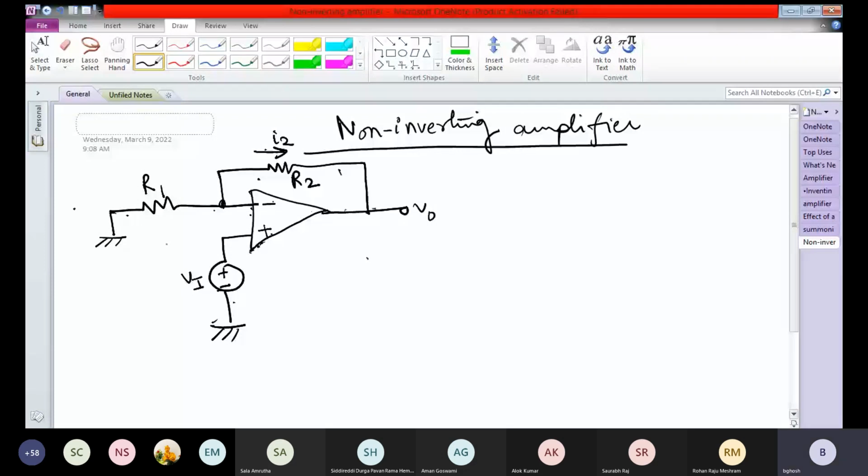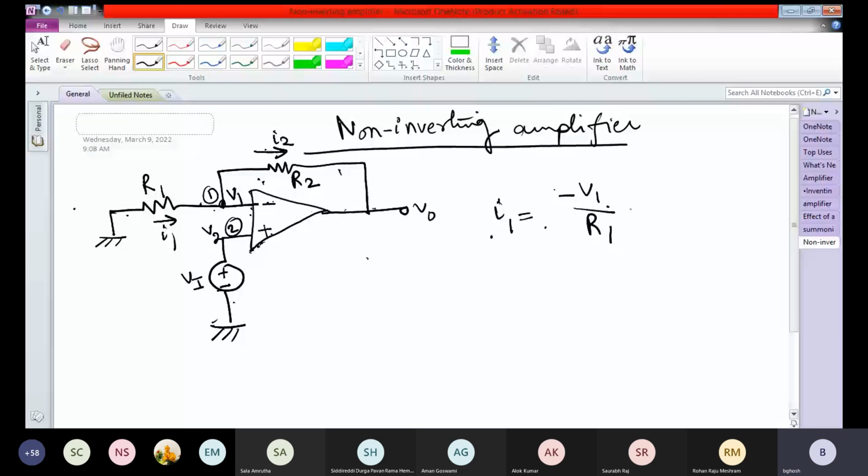And this is again terminal 1, terminal 2, I1. So what is I1 here? Zero minus V1 by R1. Here is V1, here is V2, and V1 is nothing but V2, and V2 is nothing but Vi.